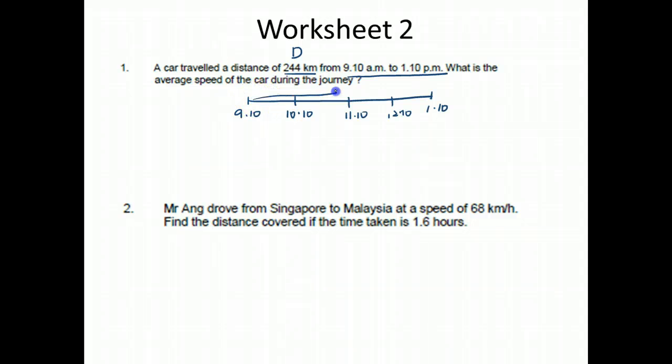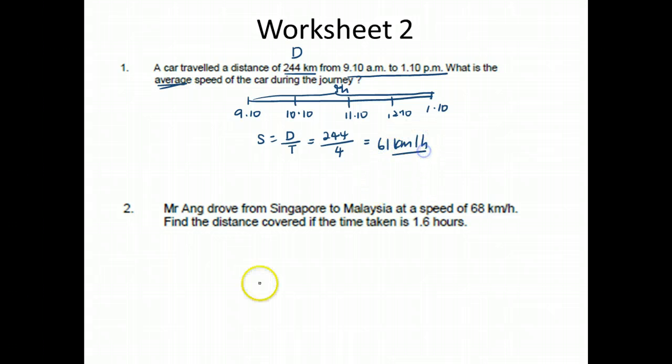So it's taken a time of 4 hours. I need to find the average speed. So speed is distance divided by time. My distance is 244. My time is 4 hours. So 244 divided by 4, I will get 61 kilometers per hour.